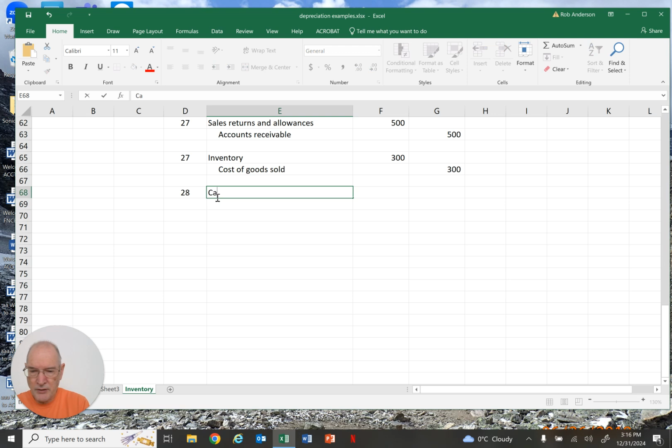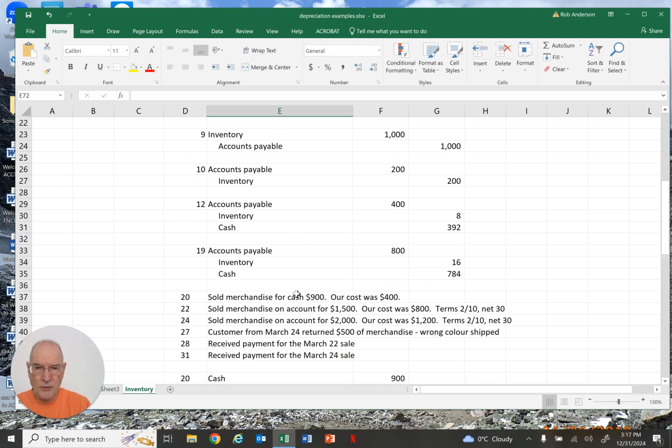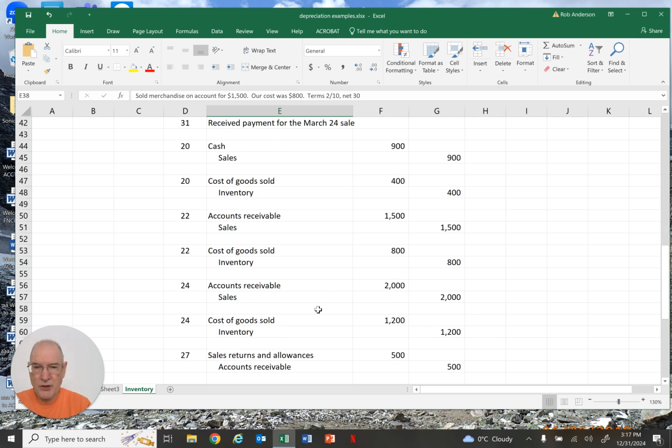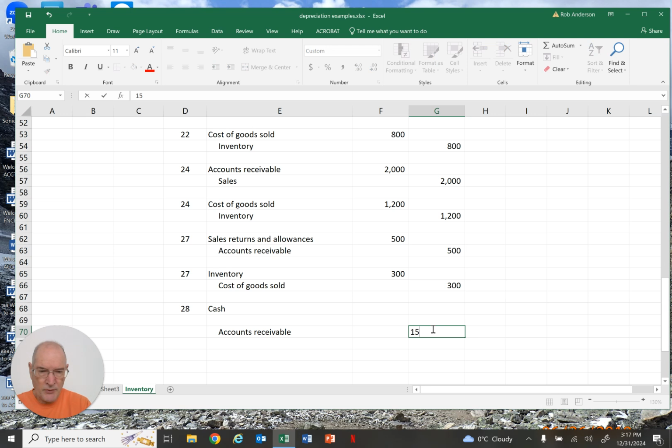So we're going to get cash, and down here they're going to pay off their accounts receivable. Now their accounts receivable was $1,500. These people didn't return anything, so they owe us $1,500. So I have to credit their accounts receivable with $1,500. But how much cash did they give me?